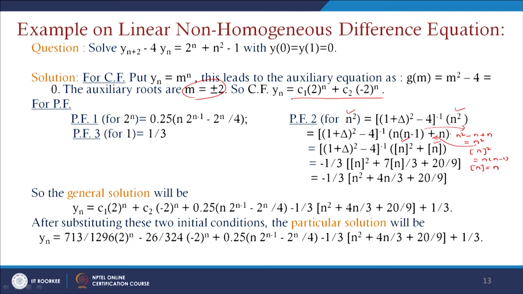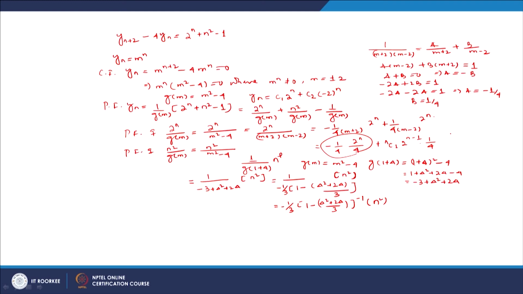And we have already taken common minus 1 by 3 times (1 minus (delta square plus 2 delta) by 3) whole inverse, operated on factorial n square plus factorial n here.